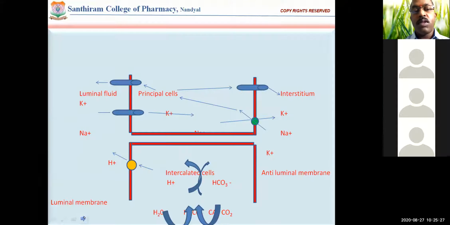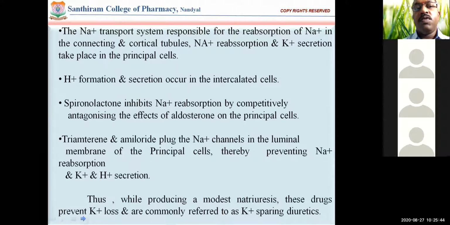Apart from that, you have site 4, which is responsible for the presence of principal cells. What these principal cells do is they have the target for the hormone known as aldosterone.